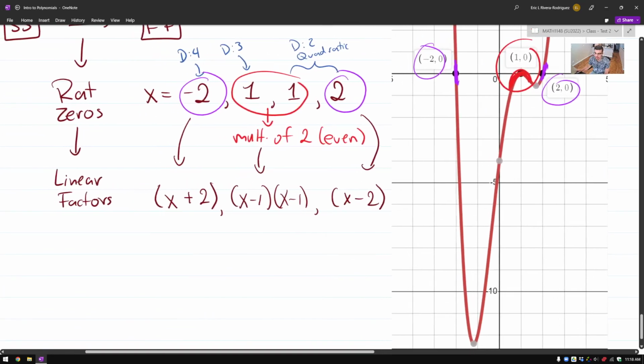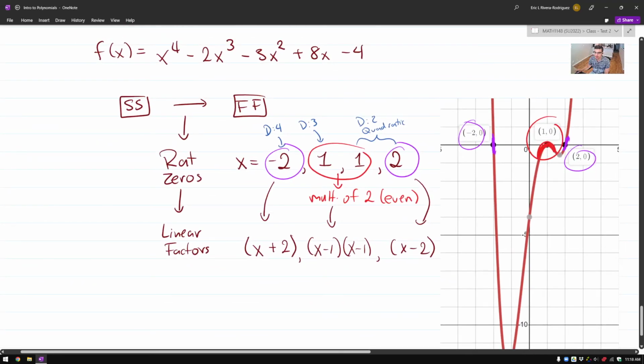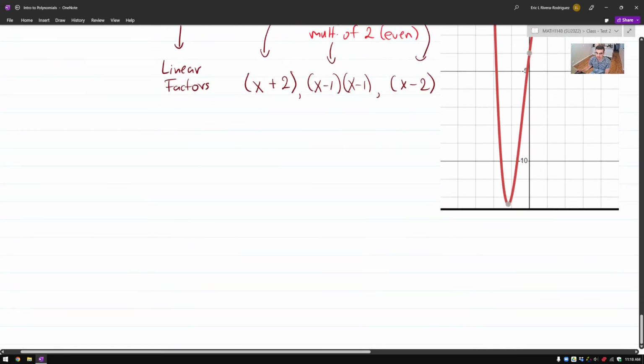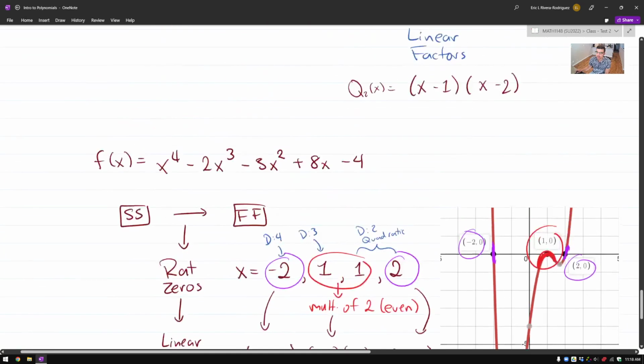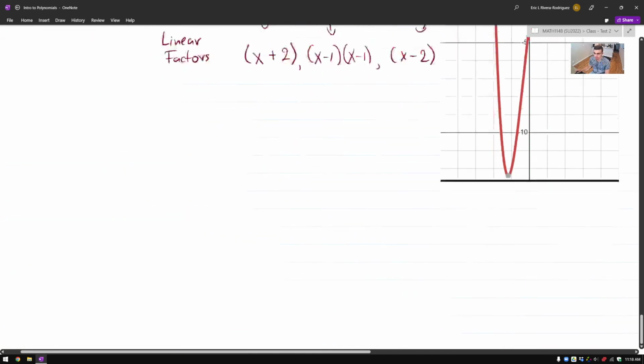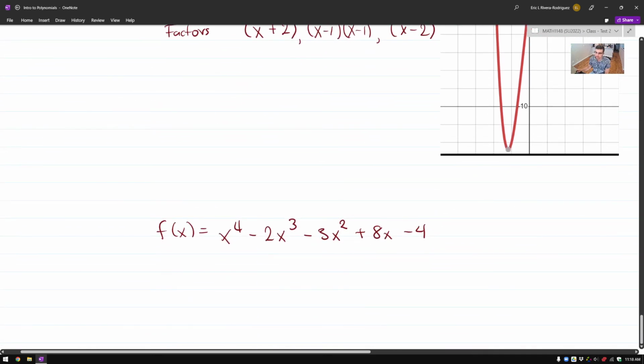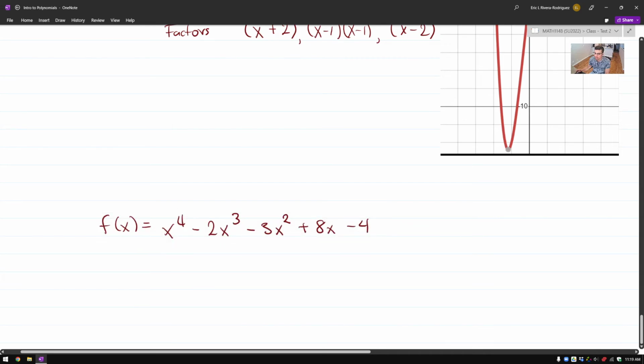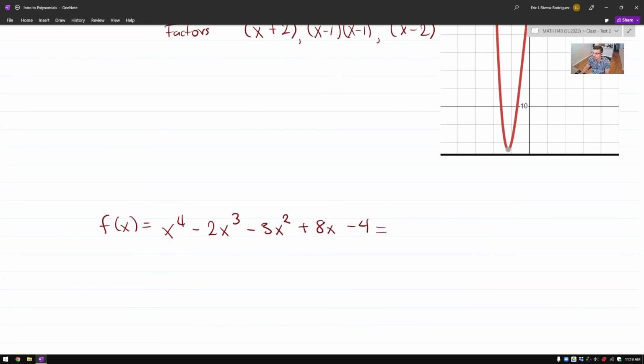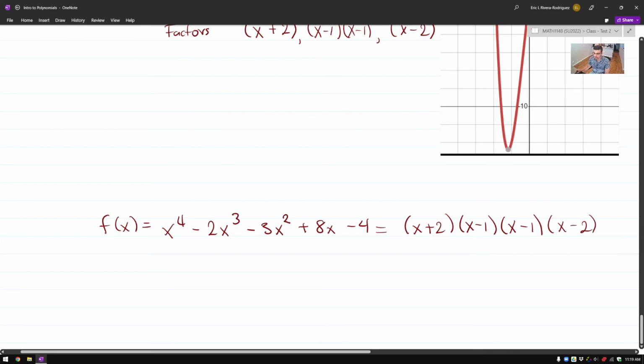Those are the linear factors, so let's put them all together. This is equal to x plus 2 times x minus 1 times x minus 1 times x minus 2.